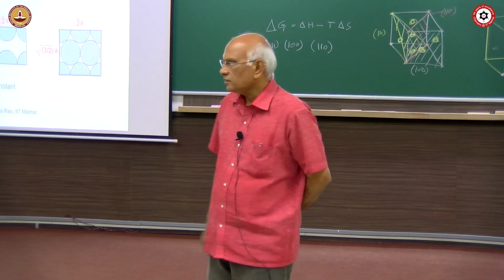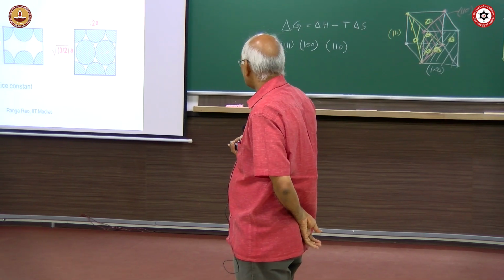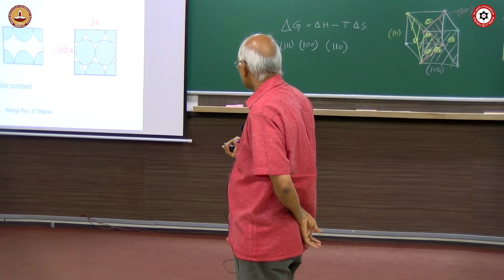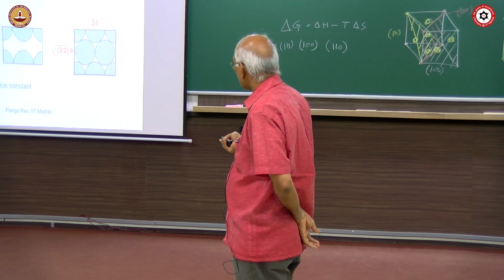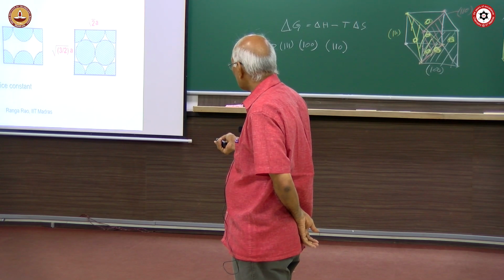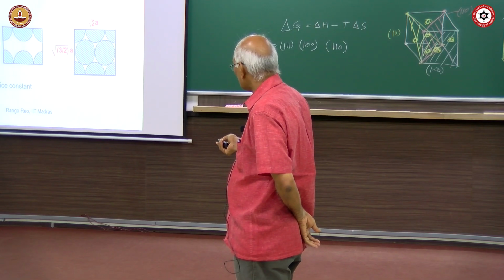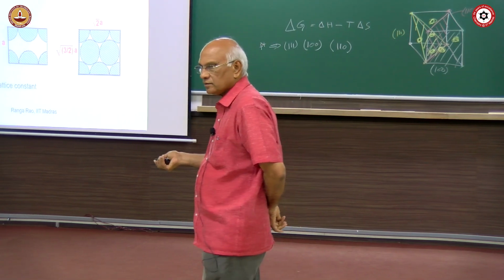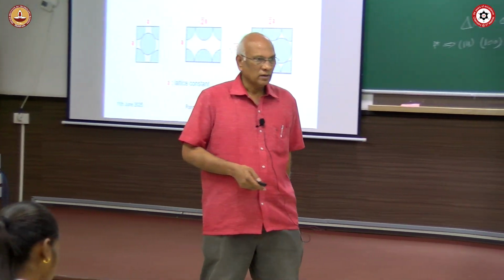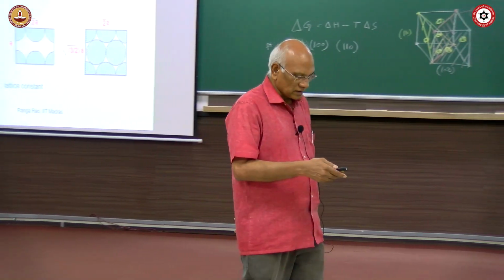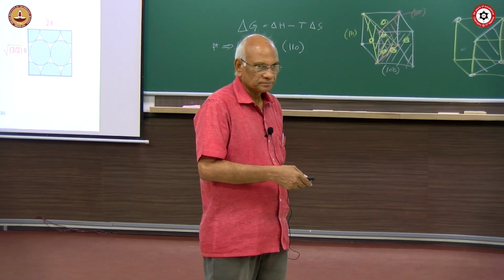So, you have to imagine that there are two atoms sitting in between these two planes. If this is root 2a, and this becomes root 3 by 2 times a, where a is the lattice constant. It's a geometric relation, so you should be able to do that.